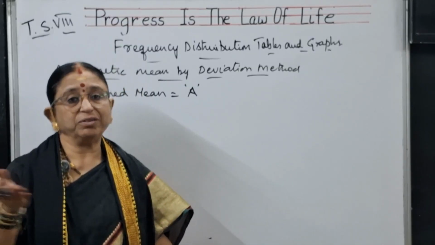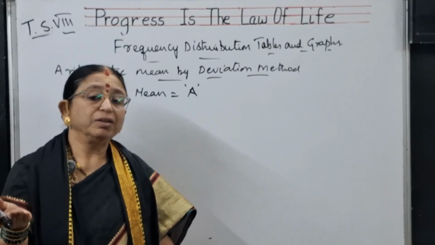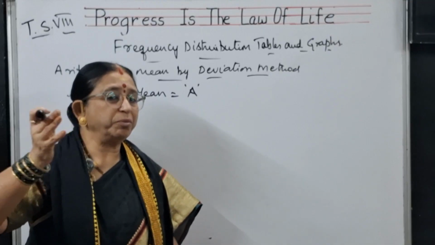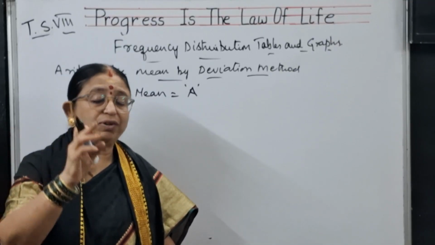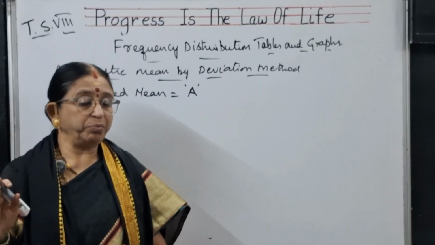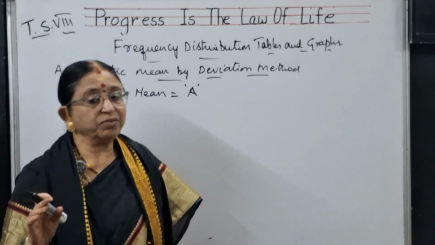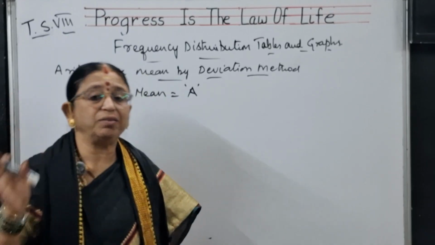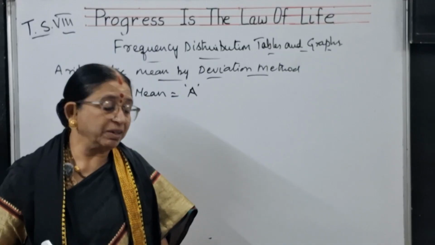What are the observations? The numbers that are given are the observations. In those observations, they will take the value which they feel might be the mean, mostly a value near the maximum. The calculation part you will be learning afterwards, children. Assumed mean is taken from the given observations, and from that assumed mean the mean is calculated.